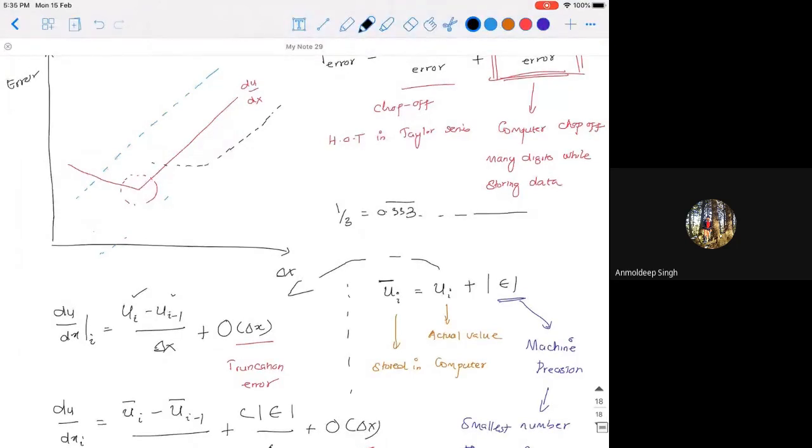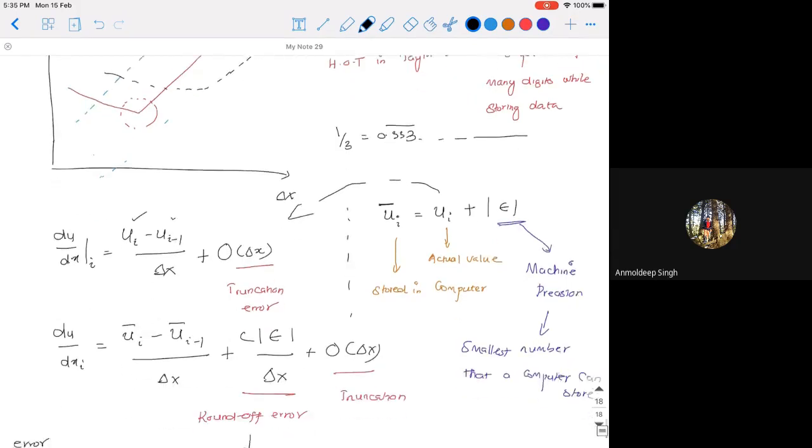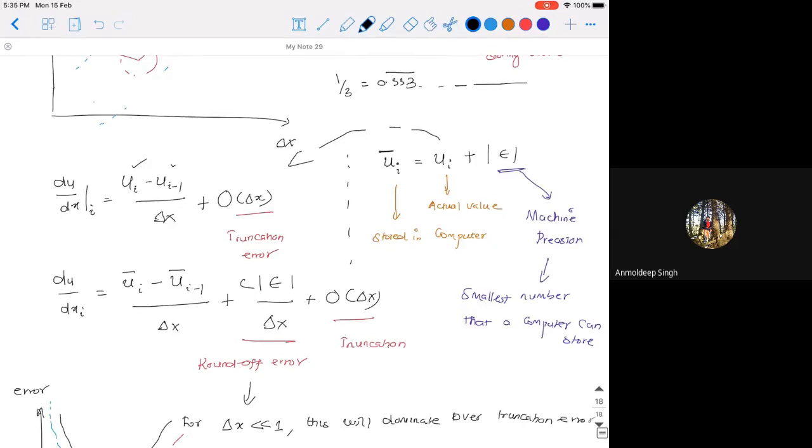This is d square u by dx square. Can you guess why this behavior is happening for the second derivative? Because we're using more terms? That may be right, but actually here this becomes 1 over delta x square instead of delta x.